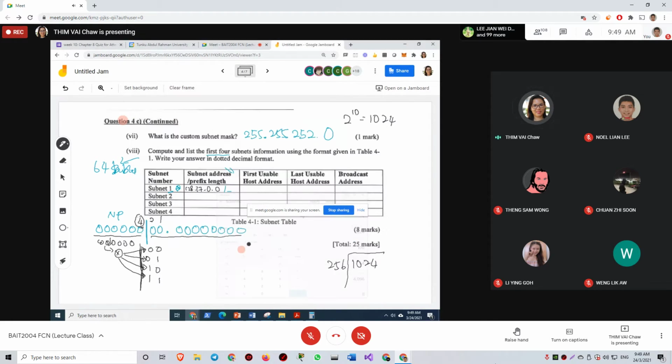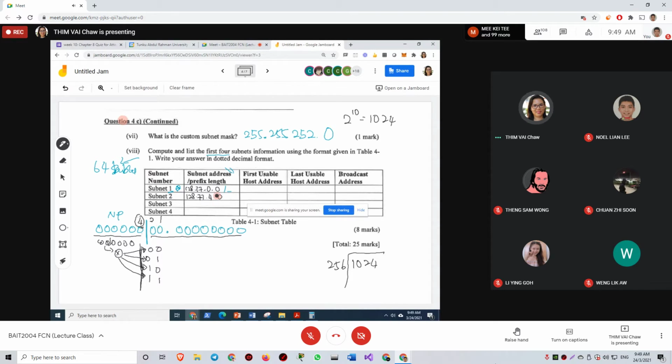So this is the magic number. And this 4 is going to tell me how I should change my bit pattern. So over here I will have 128.77.4.0.